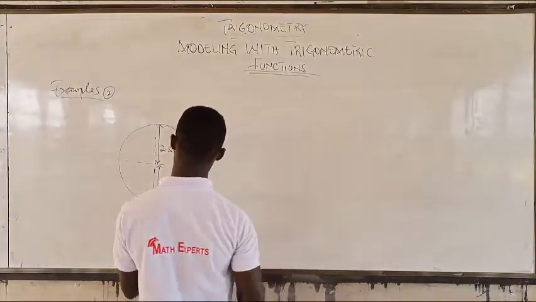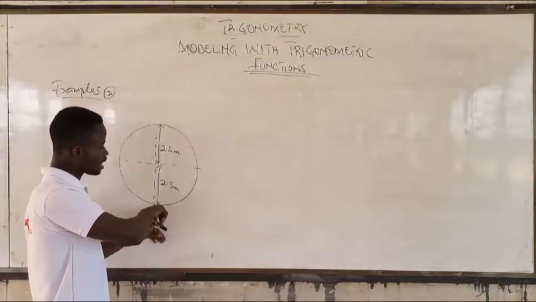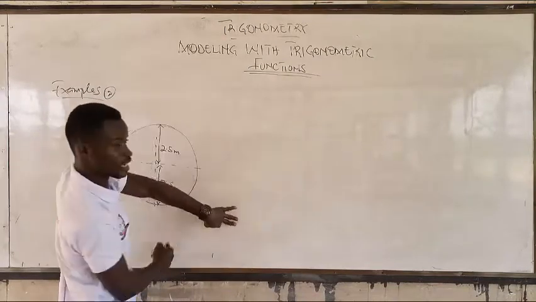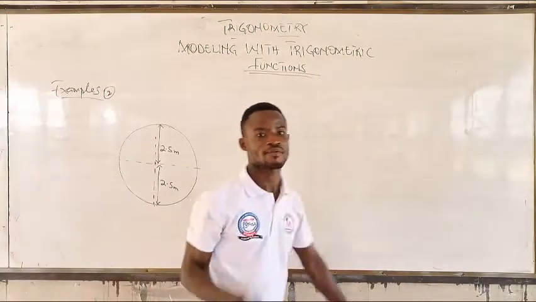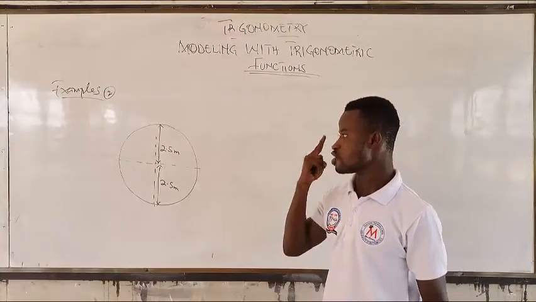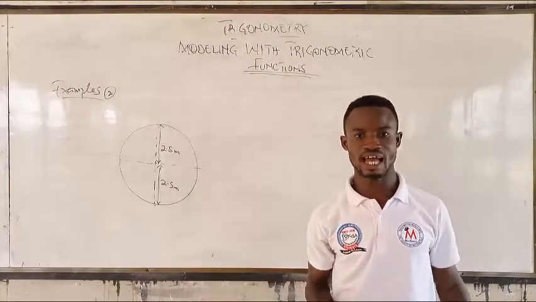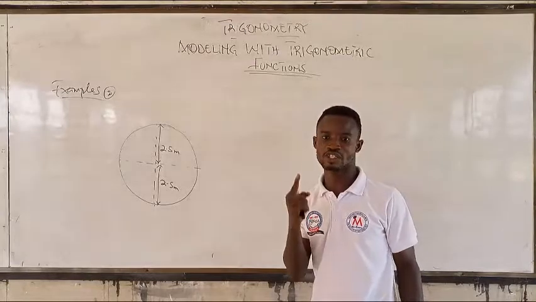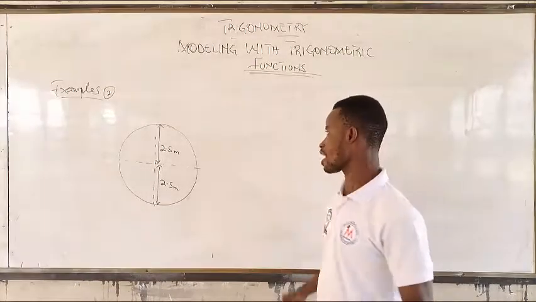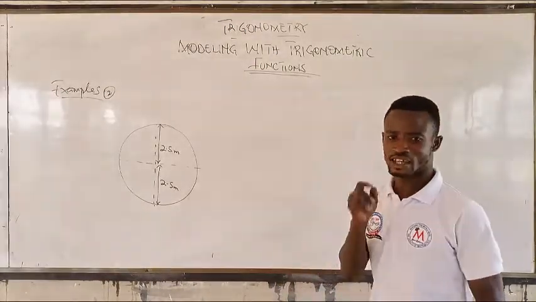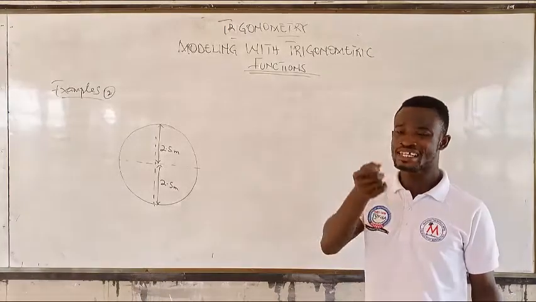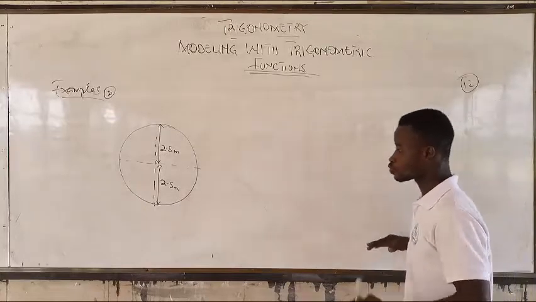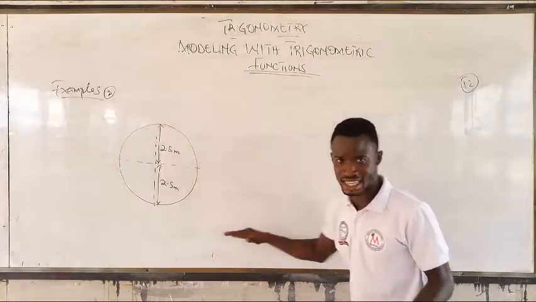That means that if it starts from here, it moves till it comes to the original place, and that is making one revolution. Very good. So you know that the 12 seconds is going to be the period. So just note that down because that's what's going to be on the S-axis.